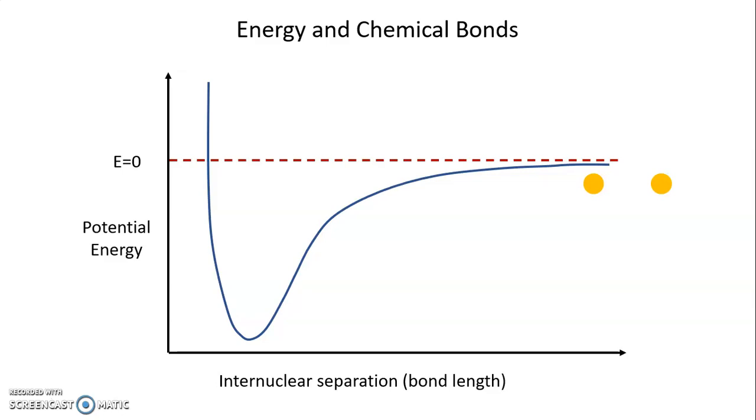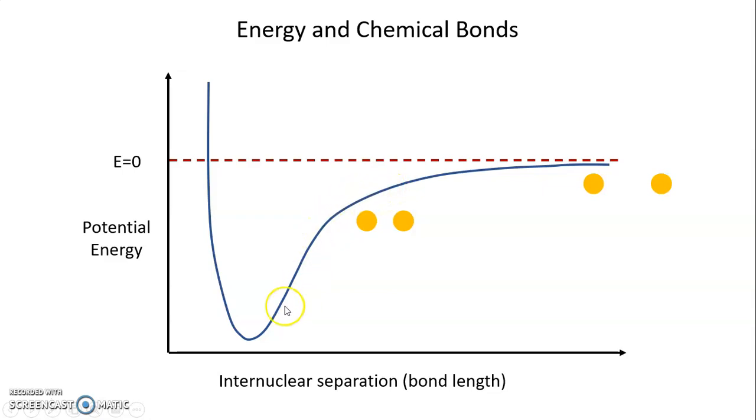Anytime we talk about a stabilizing energy, the atoms are experiencing a net good interaction with each other, and so the energy is going down. If we imagine an intermediate stage at this point on the curve, the atoms have gotten closer together and are starting to feel that attractive, stabilizing interaction.